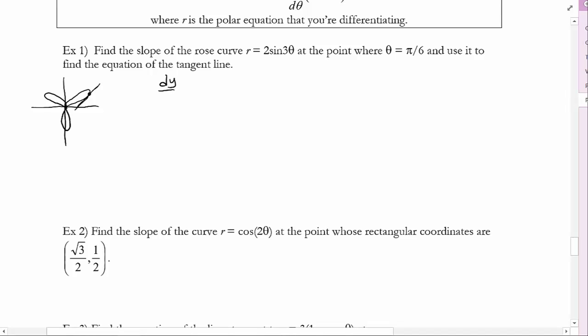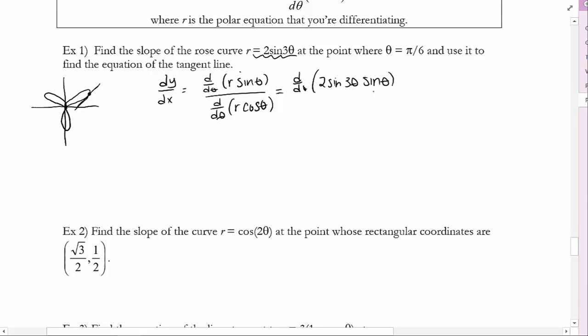If I want dy/dx, I need d/dθ of r sin θ over d/dθ of r cos θ. Now what's r? r is the equation that you're given. So really I just need two derivatives here, and both of them need a product rule.